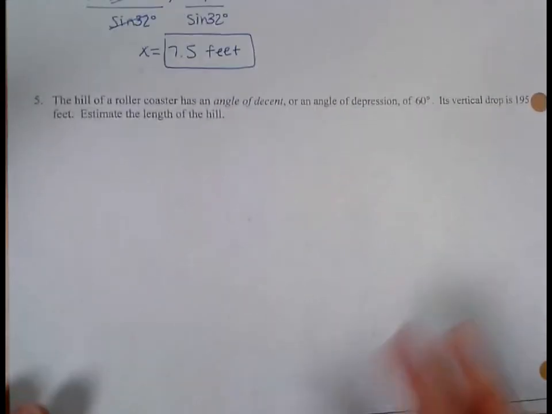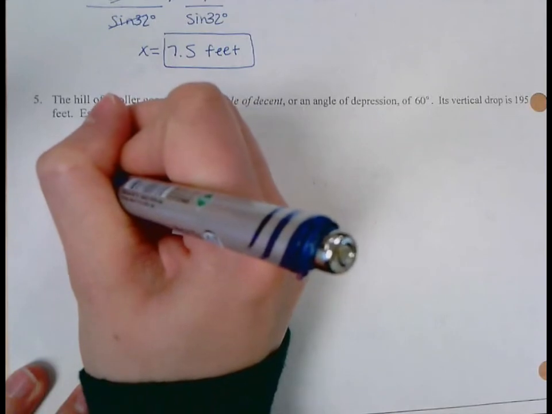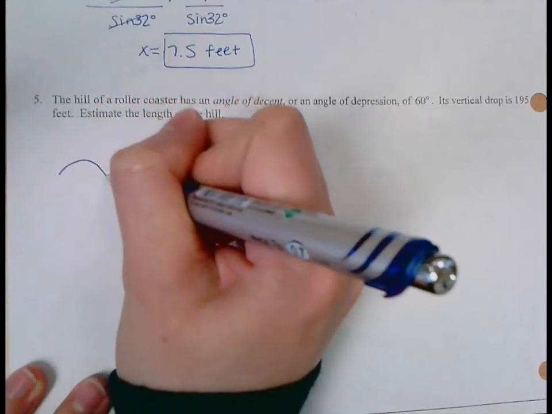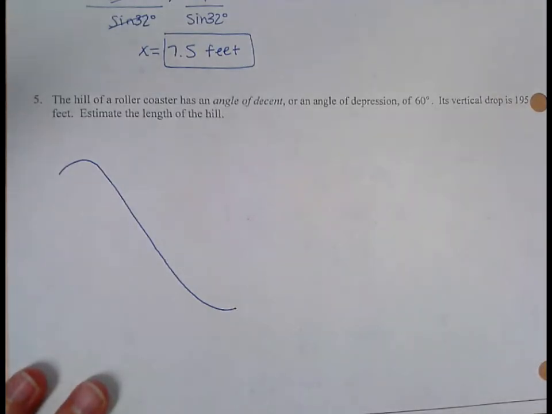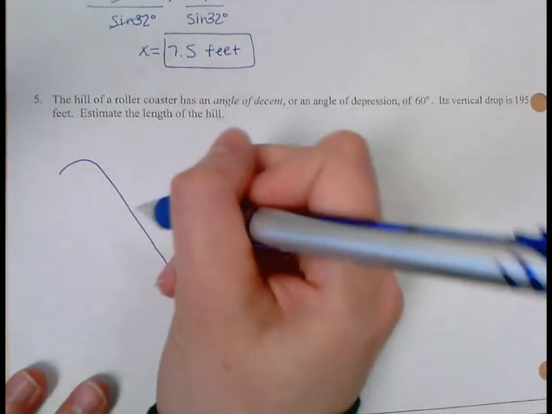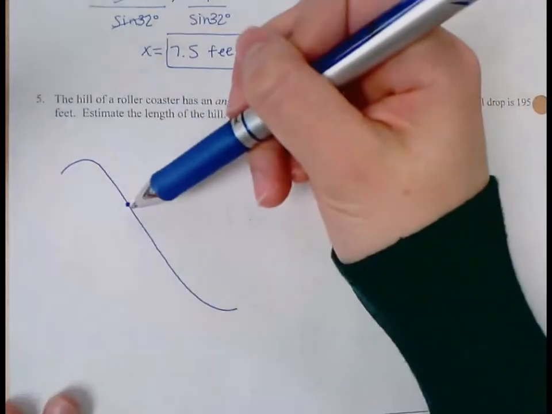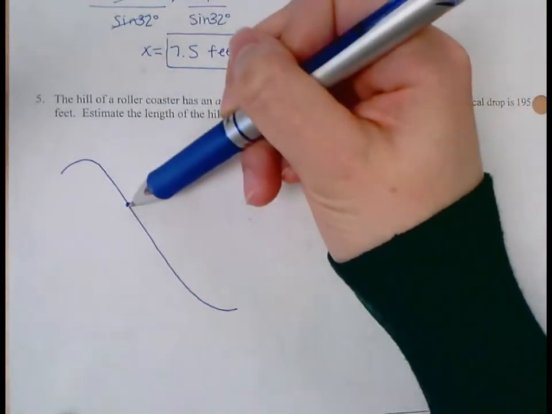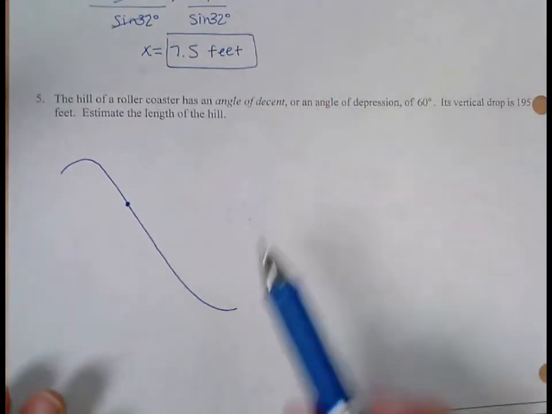So if you picture, say you have a hill of a roller coaster, so you're coming up and then your hill is going down like this and then it does whatever after that. So say you're right here on the roller coaster and they're thinking of this as being straight. So this would be one part of your triangle.